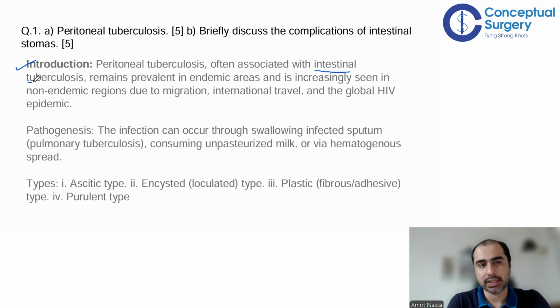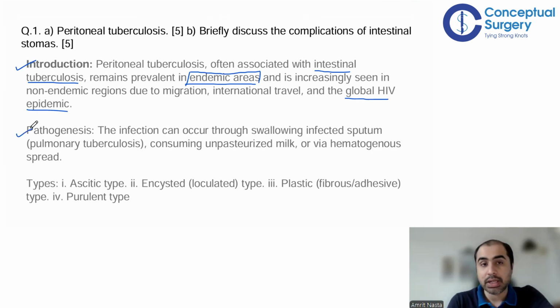Normally intestinal TB happens in the ileocecal junction area, and that may also spread to the peritoneum. The risk factors are, of course, Indian population, endemic areas, and people who travel to endemic areas. And very important, this is a type of extrapulmonary TB, so HIV and immunosuppressed states are common risk factors.